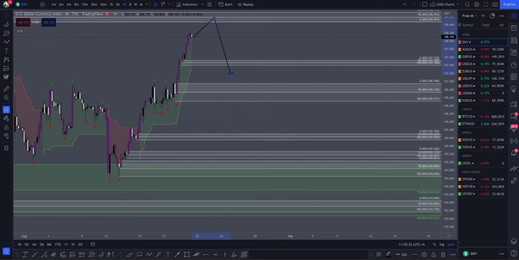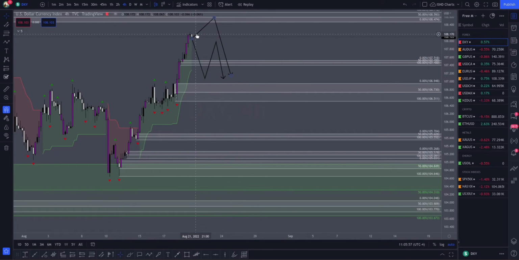Or I'm wanting price to take out a demand, retrace back into possibly the demand that was taken out as a flip zone, or look for a 4-hour supply to trade to the downside.